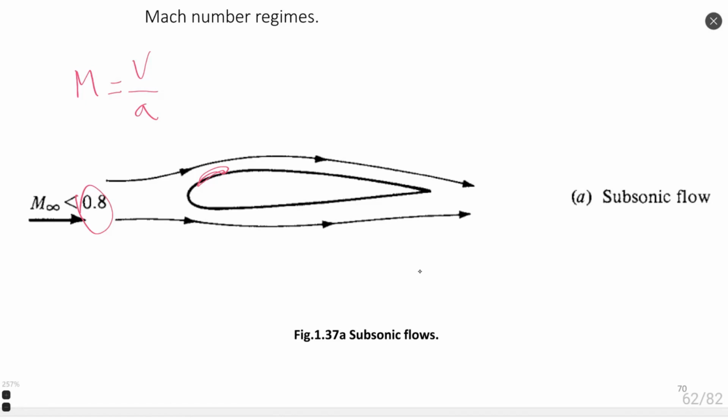Because of this local increase of velocity, we need to work initially with lower values of Mach number, so as not to reach Mach 1 or some supersonic Mach number on the upper edge of the airfoil. So this is why subsonic is more or less until Mach 0.8.